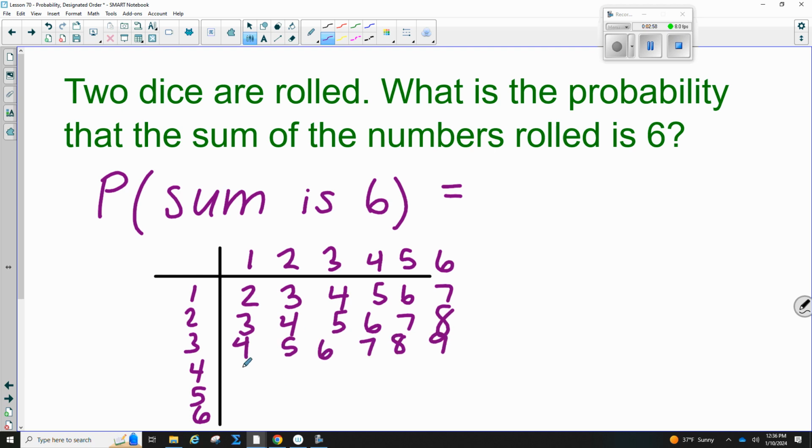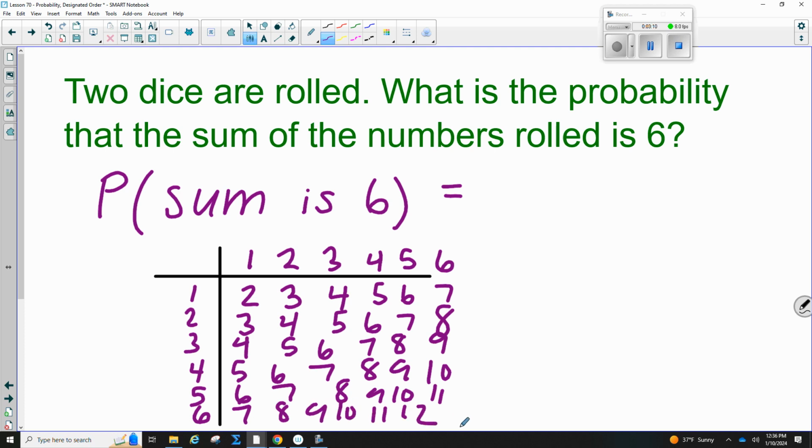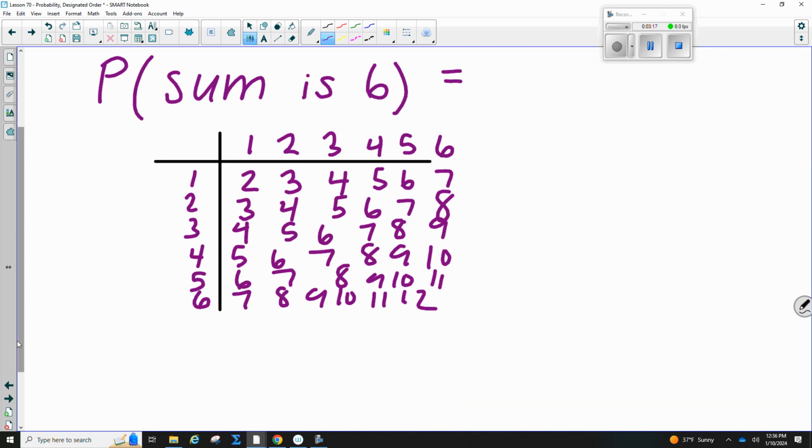And 5, 6, 7, 8, 9, 10. And 6, 7, 8, 9, 10, 11. And 7, 8, 9, 10, 11, 12. I was really unorganized there at the bottom. You should try to make those even because I feel like I might have messed up. But anyways, the sum of a 6 and a 6 is a 12.